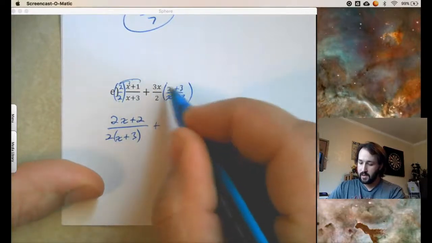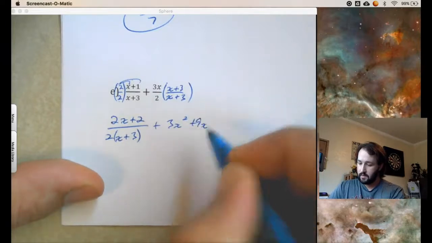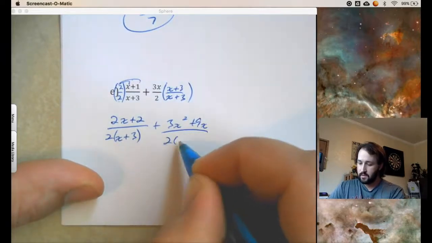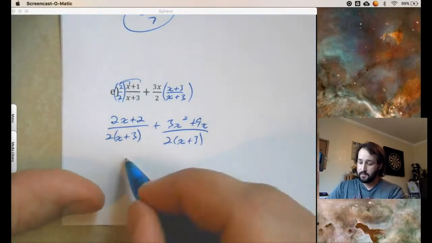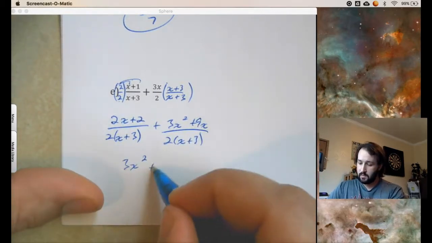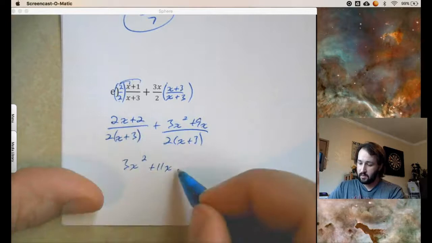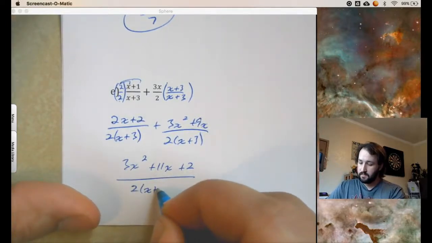Plus 3x squared plus 9x over that common denominator of 2 times x plus 3. So now I can actually combine my like terms. So I have 3x squared, and then I have plus 9x and plus 2x would be plus 11x, and then I have a plus 2 over 2 times x plus 3.